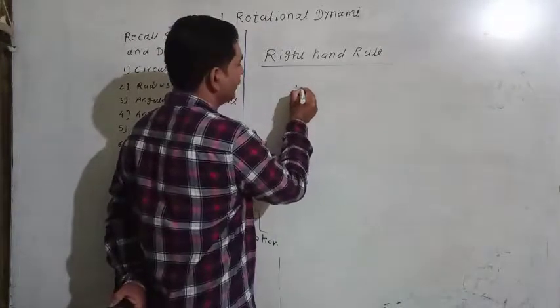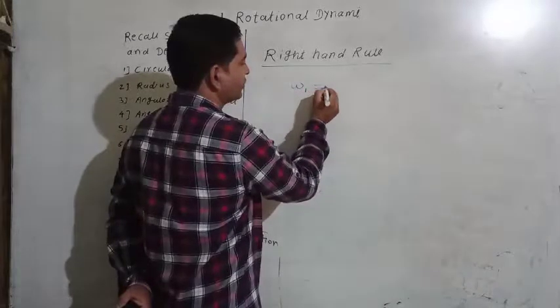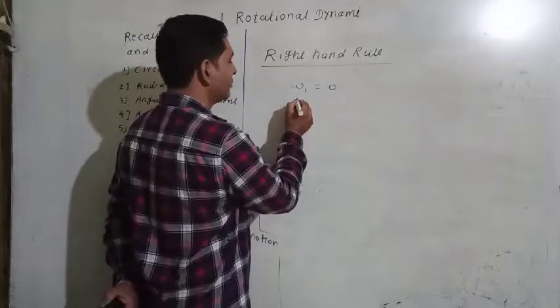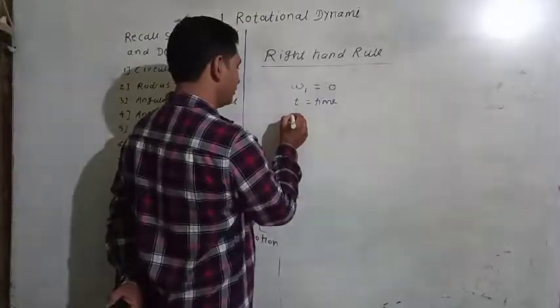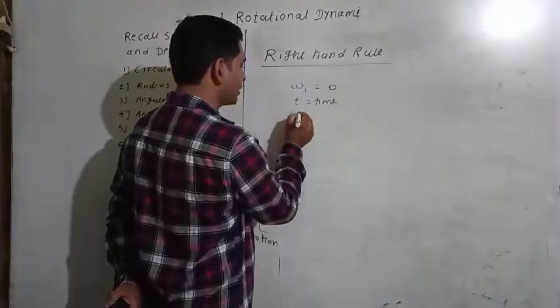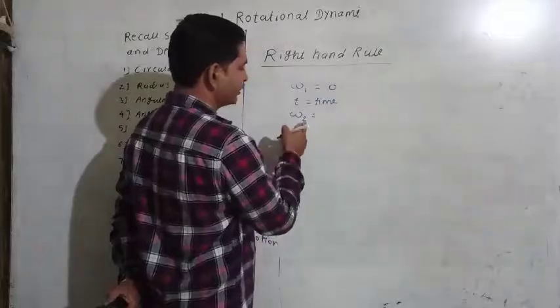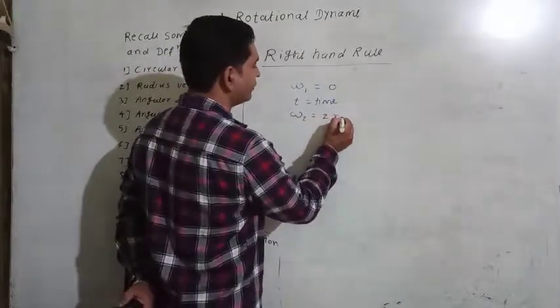and the initial angular velocity is given by omega 1 equals 0. Then after some time t, it has a constant velocity omega 2, which I consider to be 2 radian per second.